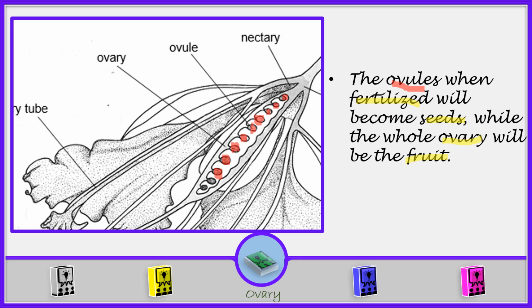The seeds come from ovules that have been fertilized. Now we have the ovary. The whole of this place surrounding the ovule is what we call the ovary. This ovary outside here is going to turn into a fruit. The ovary turns into a fruit, and the ovules turn into seeds.